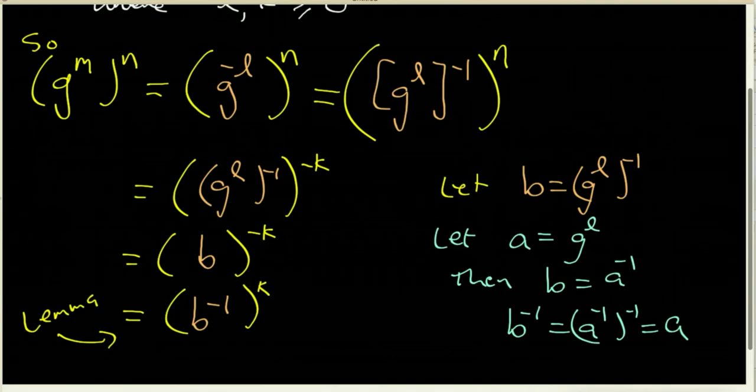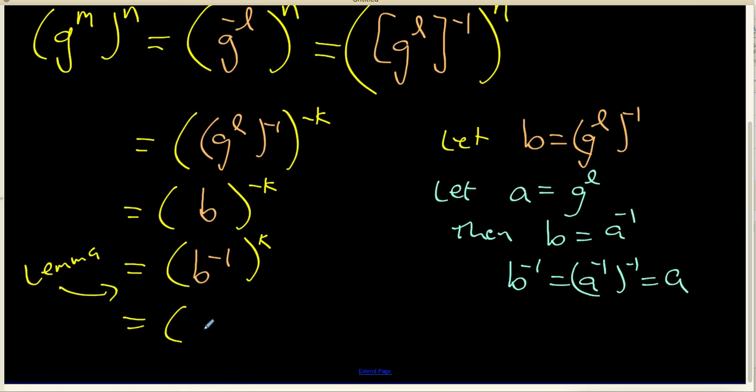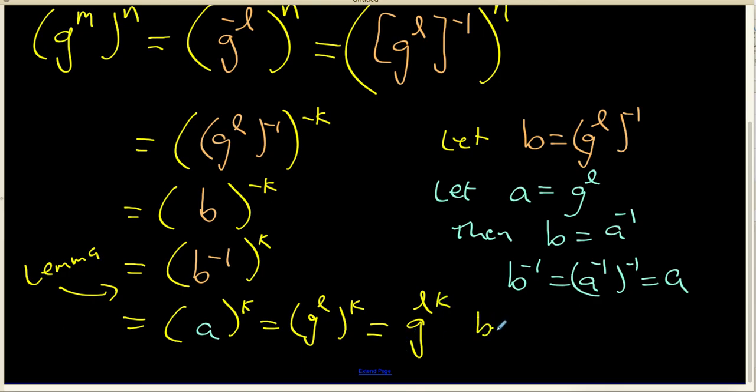And so what I can say then is that this expression here simplifies to a being raised to the k. Well, a is nothing more than g^L. So this then becomes (g^L) raised to the k, and L and k are both positive, so by the first part of this proof, that is g^(Lk).